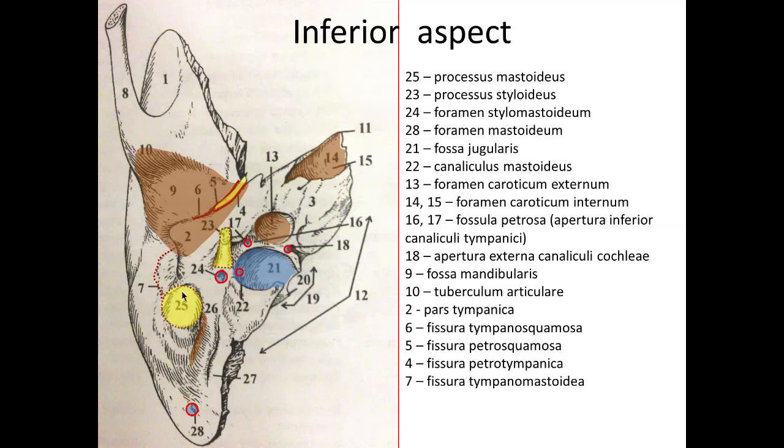And near processus mastoidus we can find 2 grooves, number 26, incisura mastoidea, and number 27, sulcus arteriae occipitalis. Now, again, let's try to demonstrate all these structures on our skull.